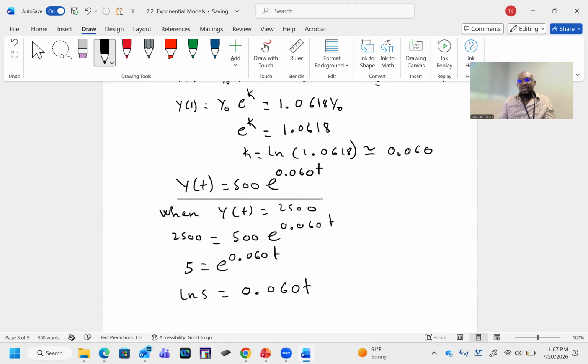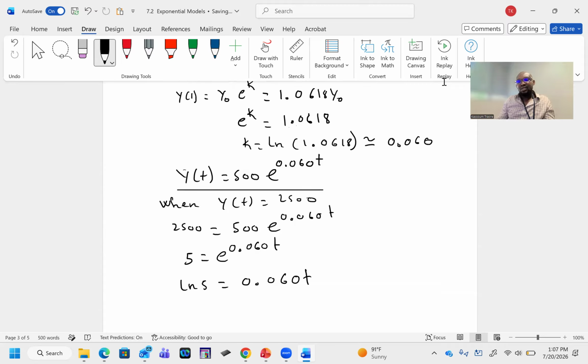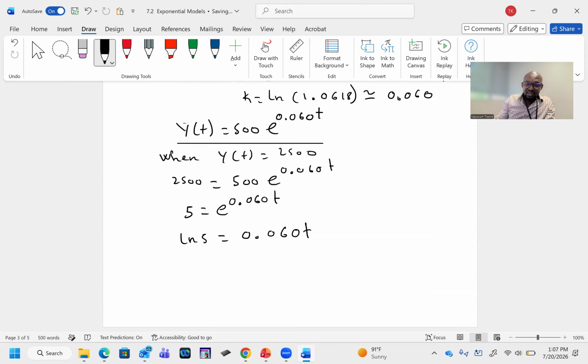We divide both sides by 0.060. So my t would be equal to ln of 5 divided by 0.060. Use your calculator again, which means t will be approximately what?